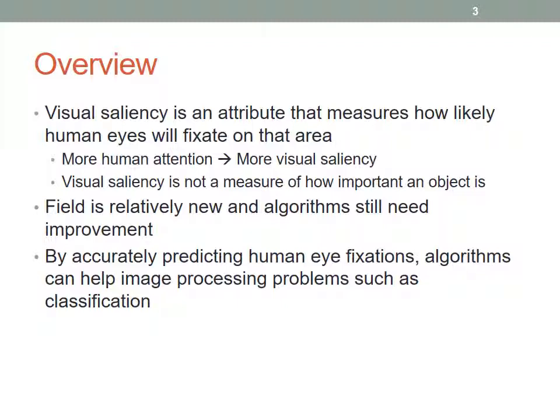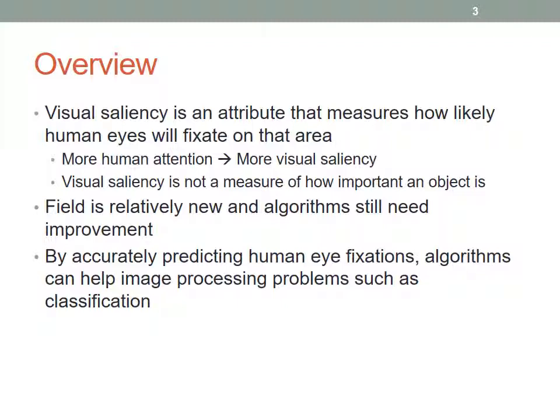Visual saliency is a pretty new field within image processing. It's a new topic that's been coming about, with a lot of new algorithms every year, and there's still quite a bit of improvement that we could do.